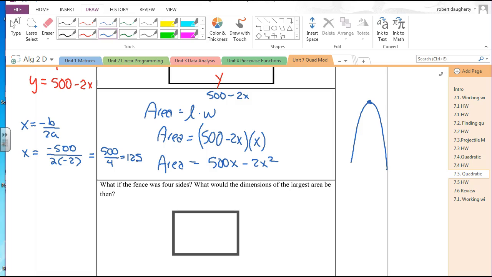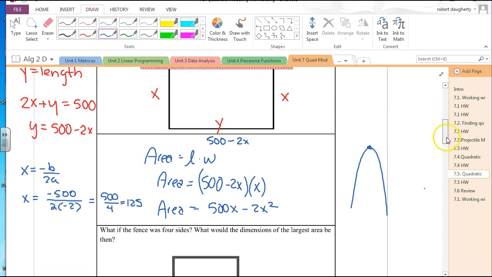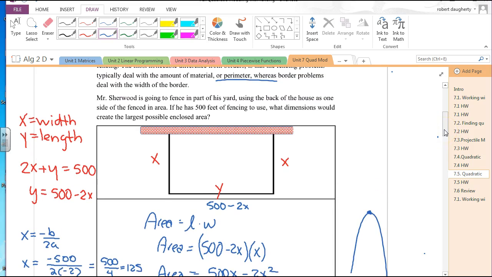What did they ask here? They asked what are the dimensions of this rectangular space here. What did I solve for? I solved for x. So I know that that's 125. How do I find y?